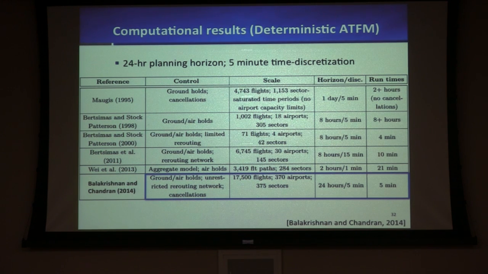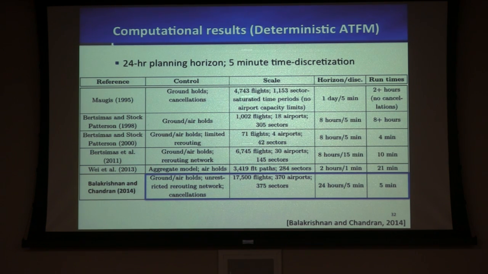We can't say something about this. This is known to be hard, so we're not going to. The LP relaxation is not going to be integer optimal. But what this allows us to do is solve really large problems in very realistic time. So for the deterministic version, we can solve at a 5-minute discretization.